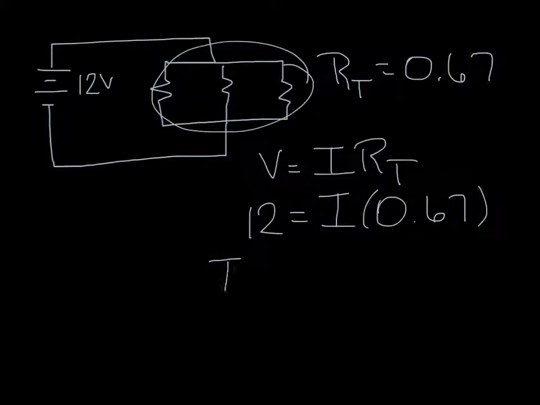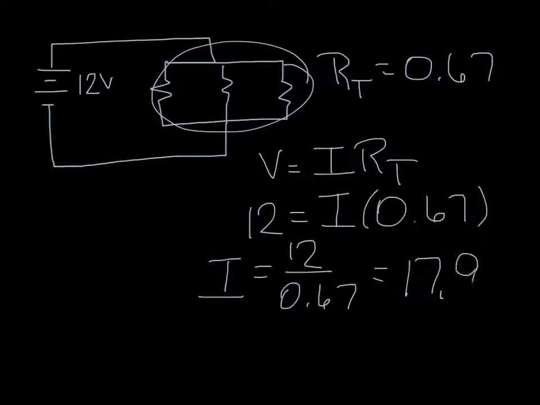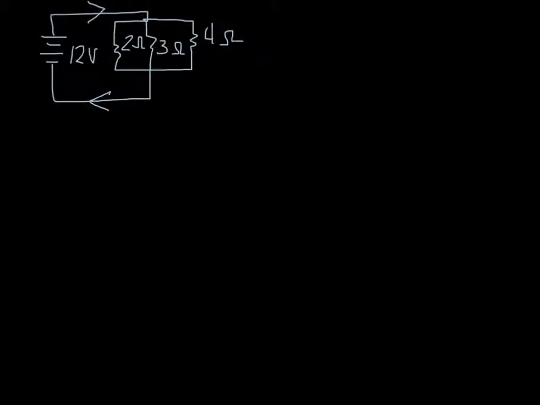So I is equal to 12 divided by 0.67, which is 17.9 amps. So the current in this circuit is 17.9 amps.